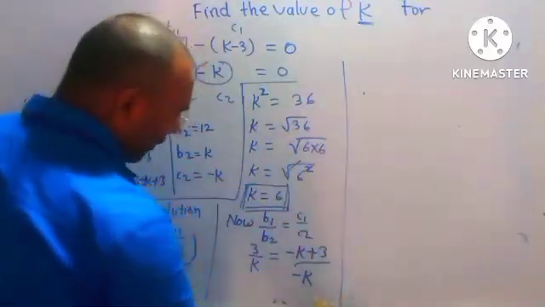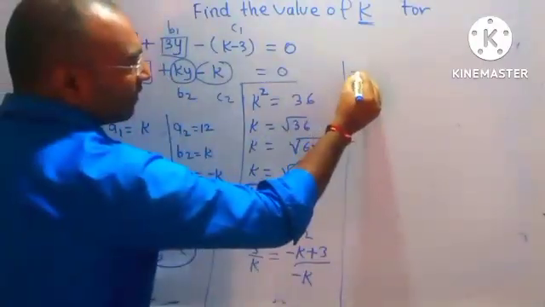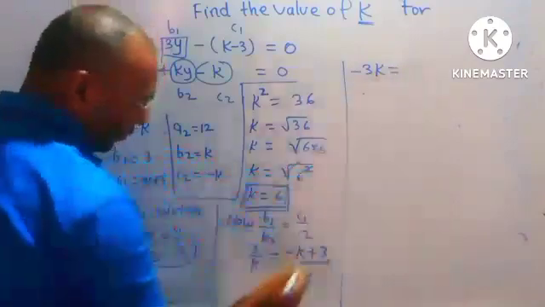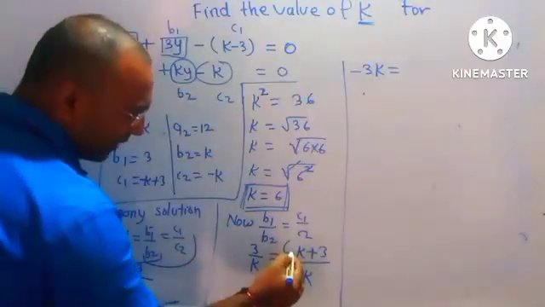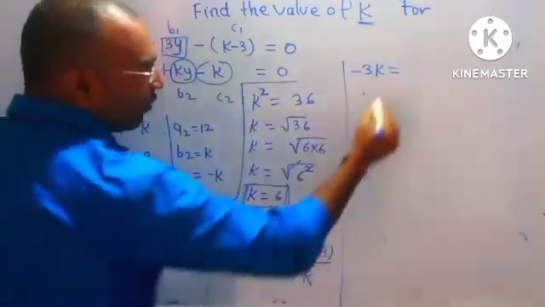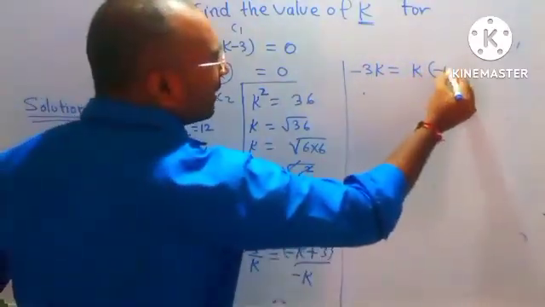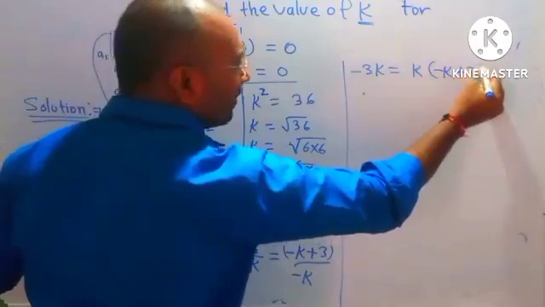Let's solve this step now. Plus into minus, minus 3 into k, 3k equal to, this k will be multiplied with this one also. So k outside of the bracket, inside the bracket minus k plus 3.